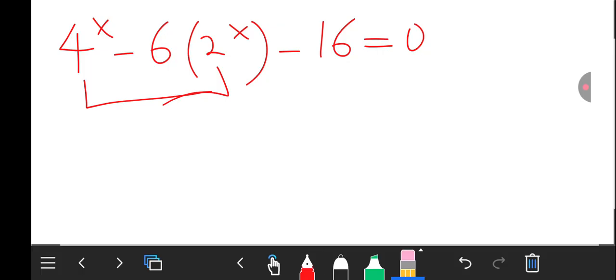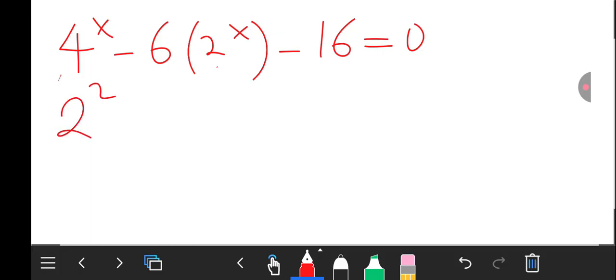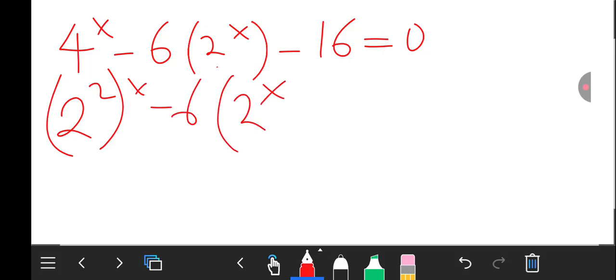That's the secret here. Nothing much. You just need to make sure that they are similar. So you can raise this 4 as 2 to the power 2, so 2 to the power 2 is 4. Then it is raised to the power x minus 6, 2 to the power x minus 16 is equal to 0.